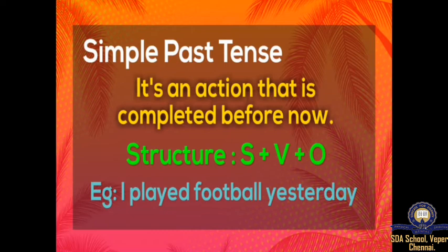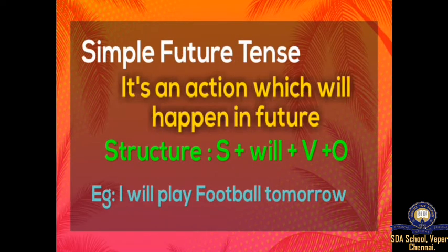Students, now let's move on to the next type, that is simple future tense. It's an action which will happen in future, and its structure is subject plus will plus verb plus object. Example, I will play football tomorrow.